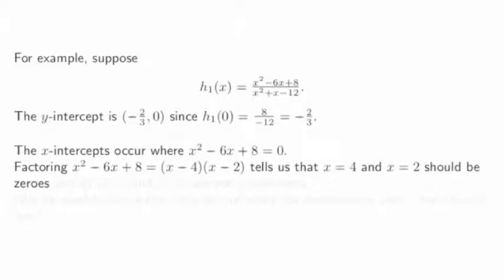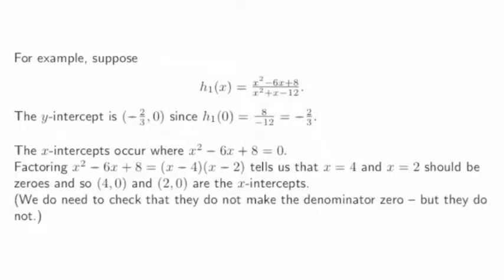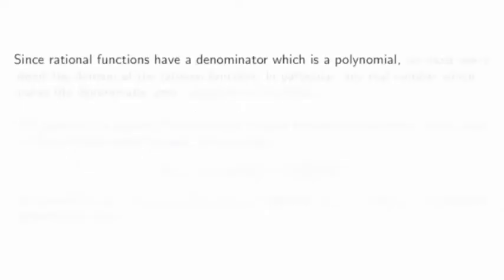And so (4, 0) and (2, 0) are the x-intercepts. We do need to check that where the numerator is 0 does not conflict with the denominator possibly being 0. But here, when x is 4 and x is 2, the numerator is 0 and the denominator is not. So we're okay.